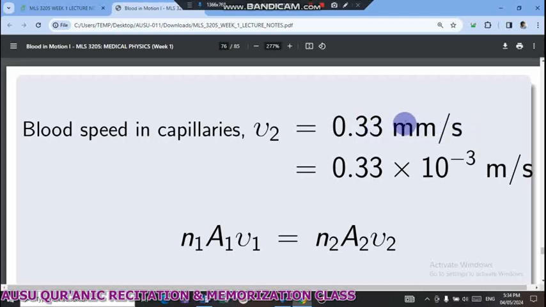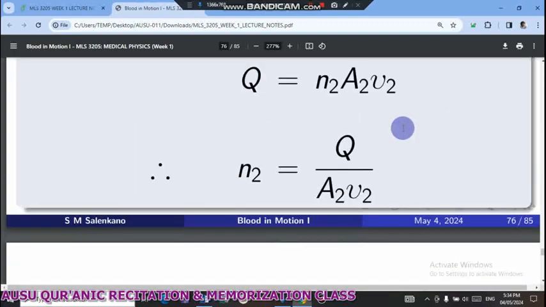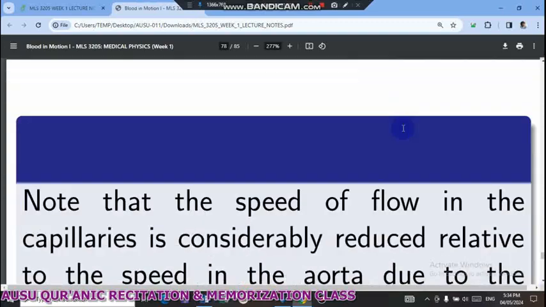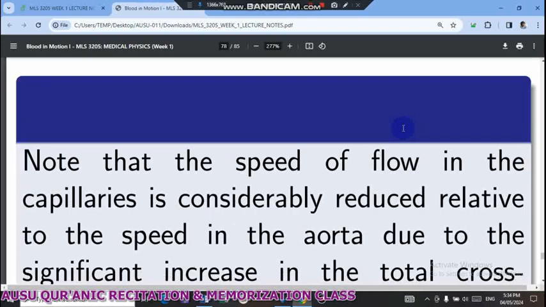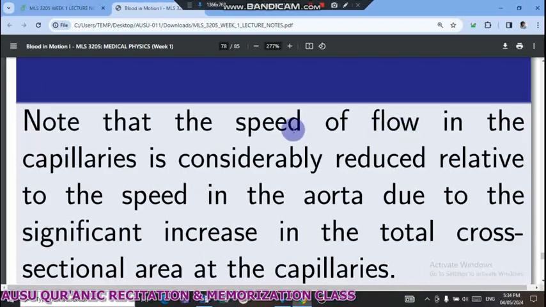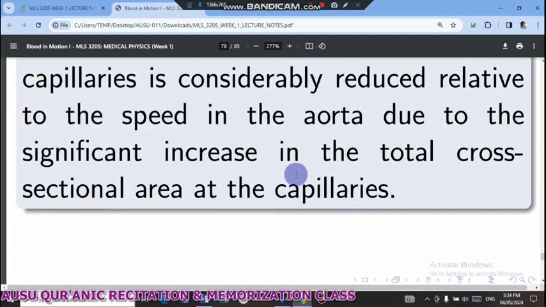It is very, very small. This means the blood is not fast flowing in the capillaries. Why? They say it is due to the significant increase in the total cross-sectional area of the capillaries.